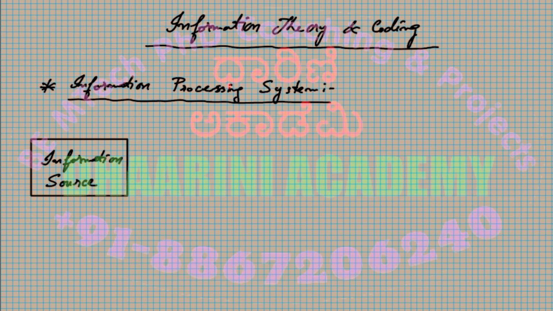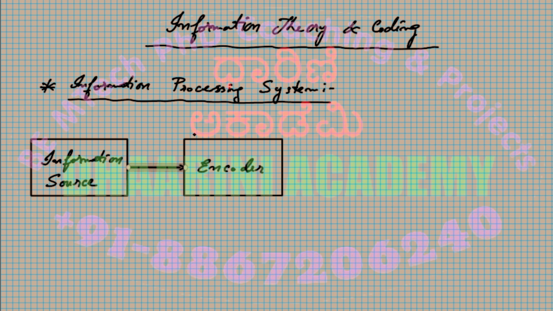Let's proceed further. The second part is called an encoder. Whatever source message we have, we are trying to encode that. This encoder is basically referred to as the source encoder.